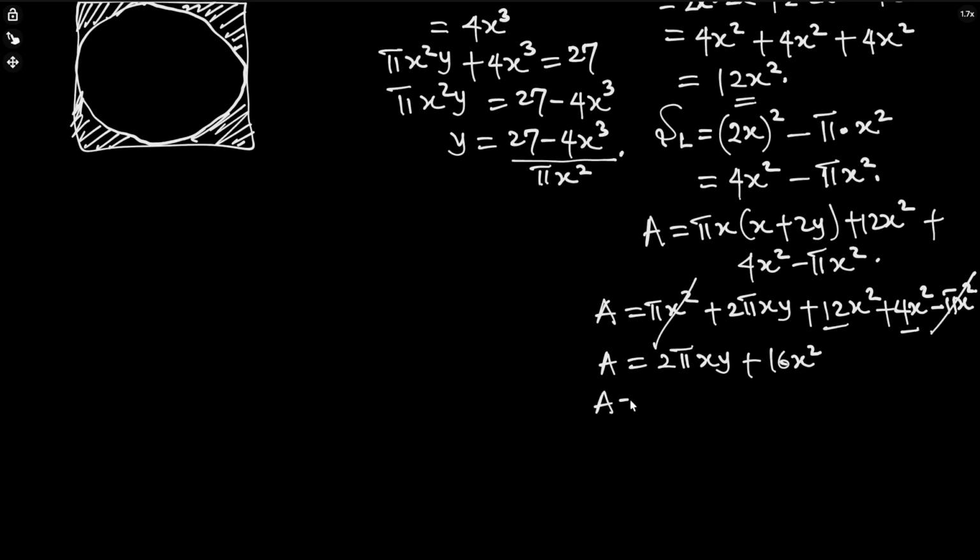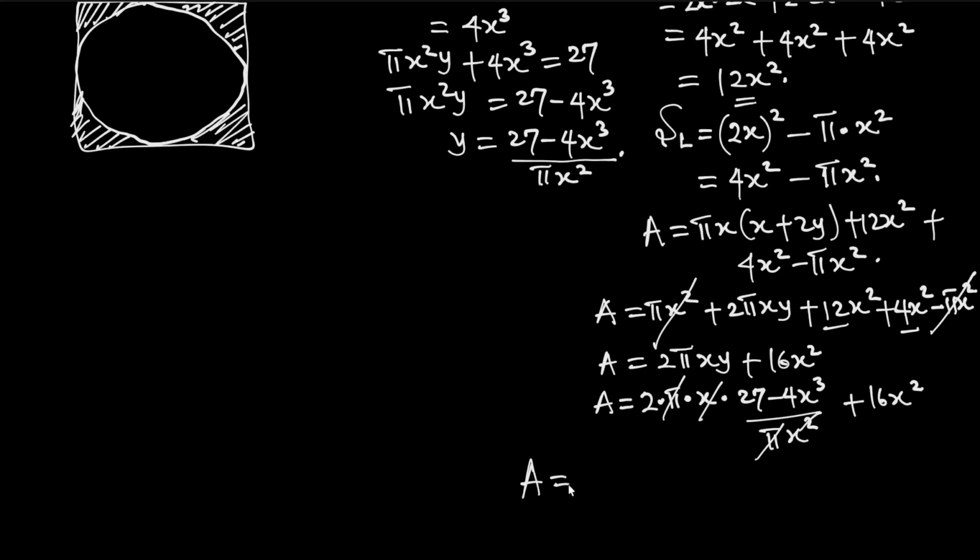So we have A equals 2 pi times x times 27 minus 4x cubed divided by pi x squared plus 16x squared. Now this pi goes with this. This goes with this.